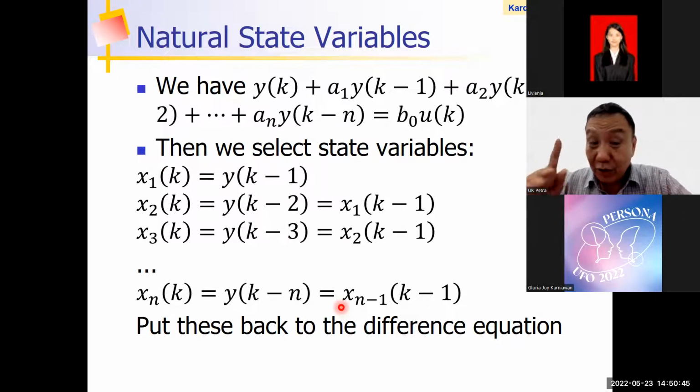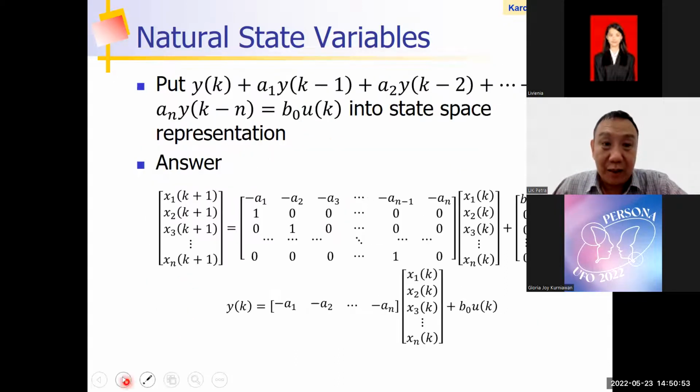Next, what you will do, put back into this difference equation. So once you know the x, put back into here, and then you will get the matrix. When you put back into the difference equation, you will get this kind of matrix. This is the matrix A. This is the form, you can memorize it, or you can just look at the format here.